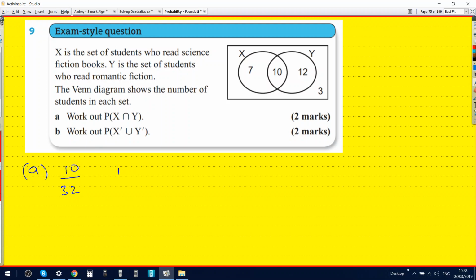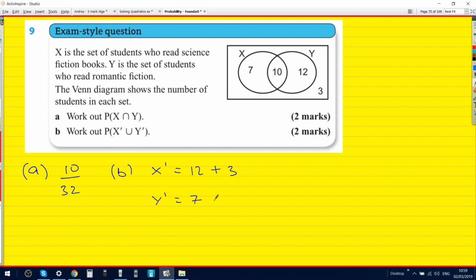And B? So it'd be neither X or Y. So would it be 3 over 32? You're skipping stuff. X dash. So 12 and 3. Yeah. Y dash. Y dash, 7 and 3.